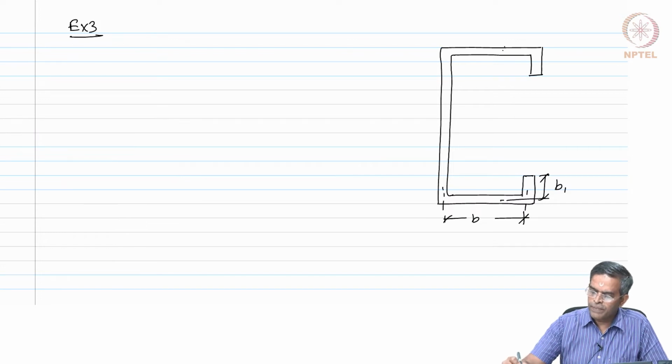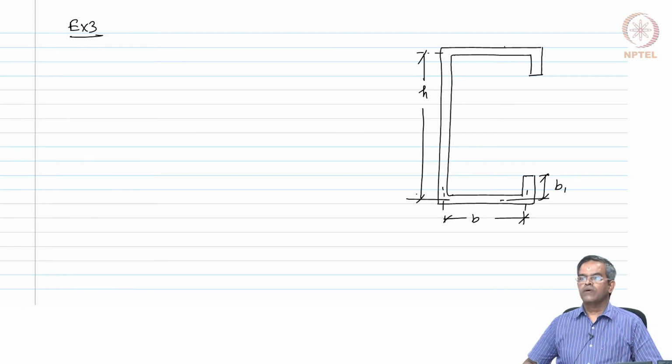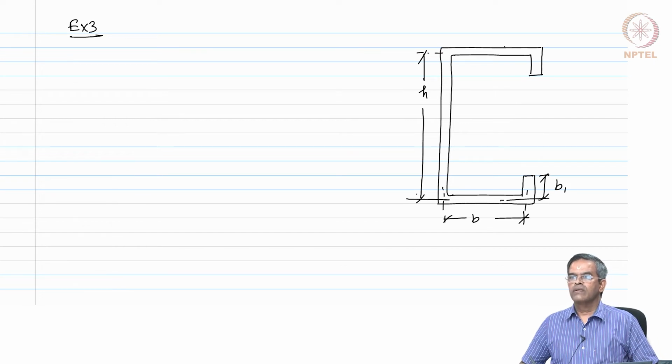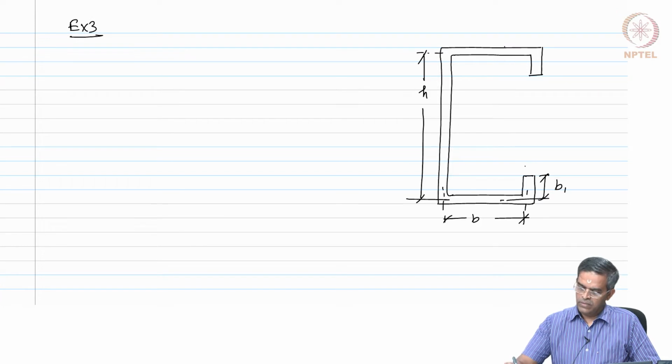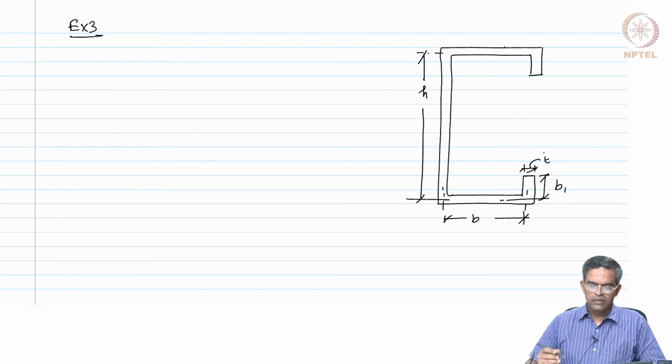The overall depth is H, all center to center. Uniform thickness T throughout. This section has an axis of symmetry.